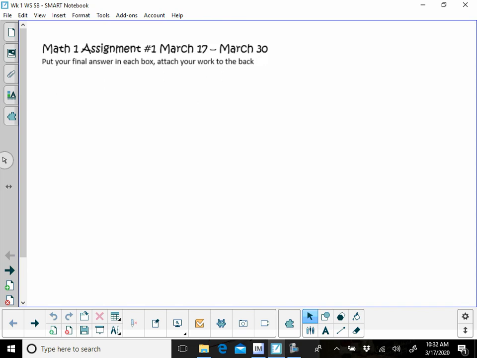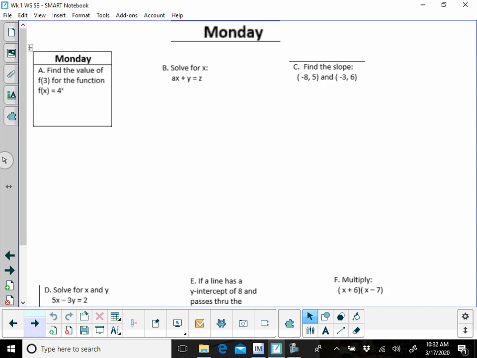So the first one you're going to see is the Math 1 assignment number 1 from March 17th to March 30th. That takes us to when we're supposed to come back. No guarantees on that yet, but that's what we're going to count on for right now. You have 5 days, Monday through Friday, on the worksheet, and there are about 6 or 7 problems per day.